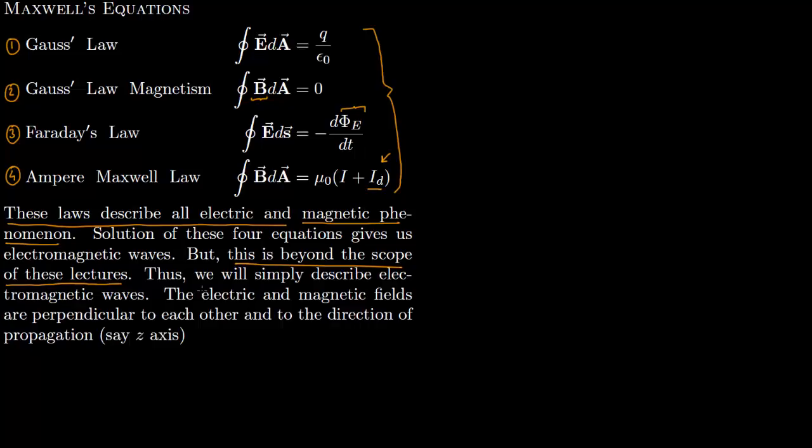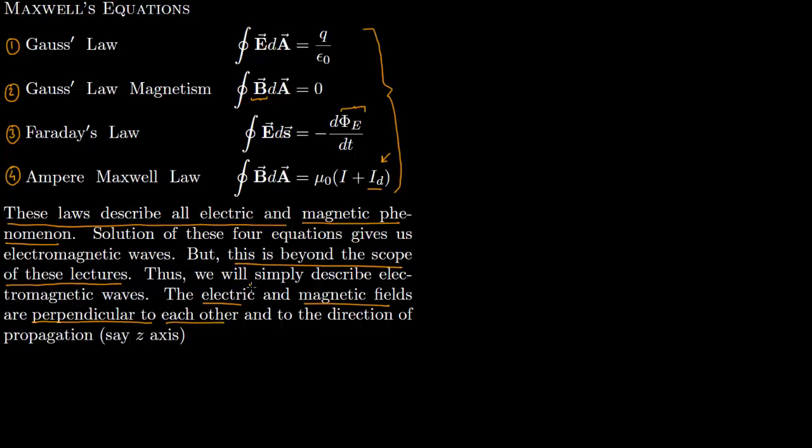So before we describe the electromagnetic wave, first thing to notice is that the electromagnetic wave consists of electric and magnetic fields. So there are two components. One is the electric field and another is the magnetic field. Now both of these fields are perpendicular to each other.